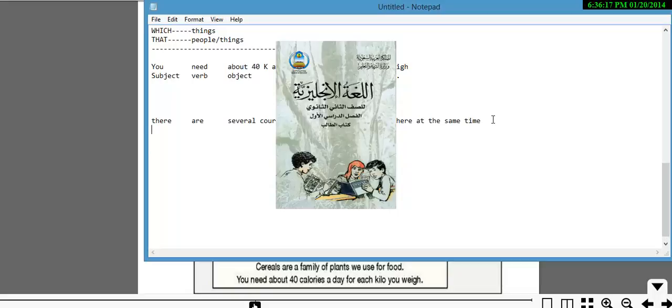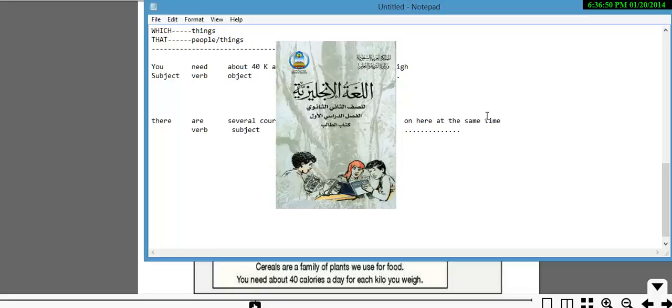First, you can say this is the subject, and it's kind of an indication here. Then you get a verb, and then there is the actual subject, several courses. And you're describing it with which, and then you're using a verb, and then you're just using the rest of the sentence.